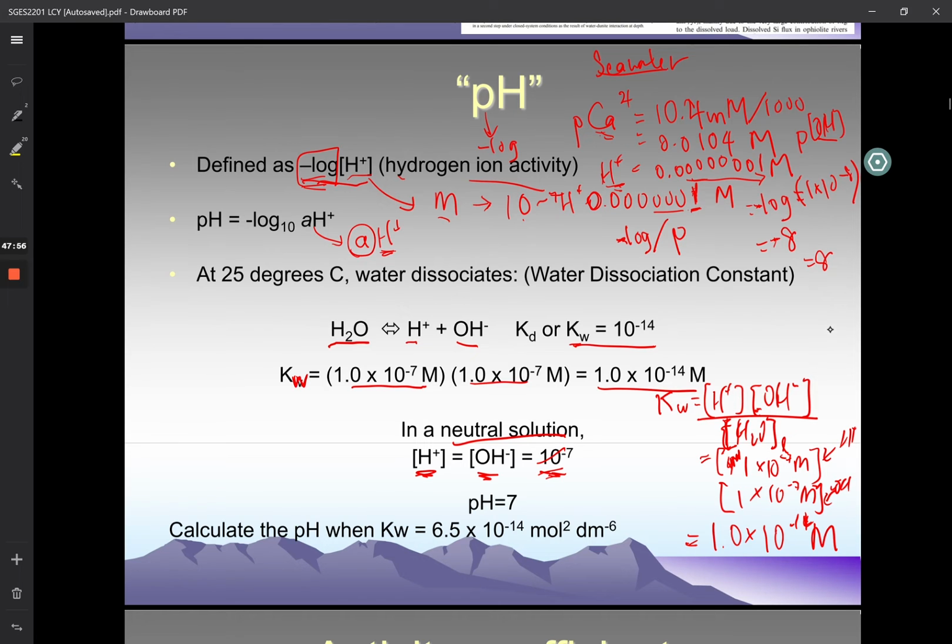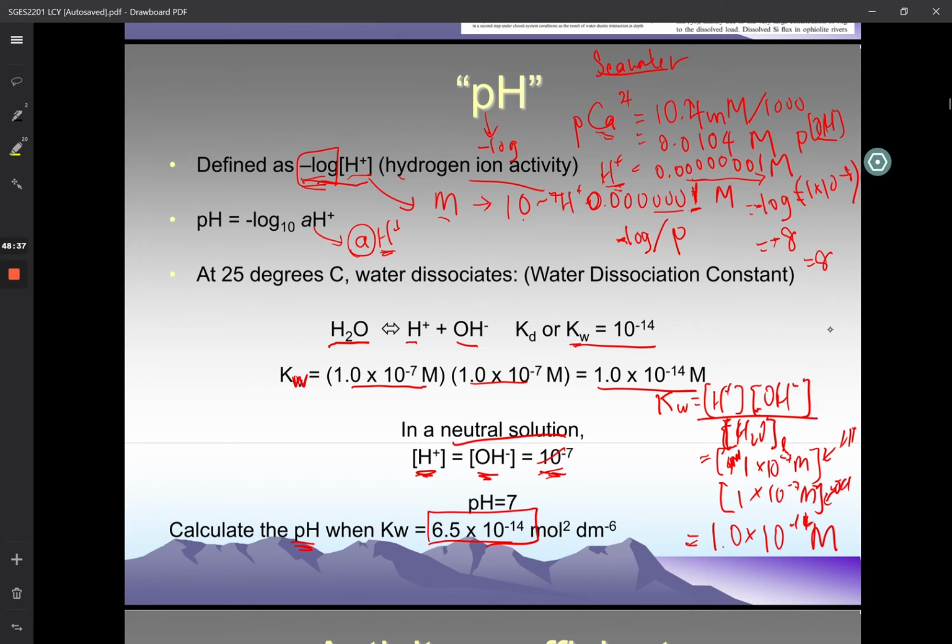Okay, so calculate the pH when Kw equals 6.5 times 10 to the power of negative 14 mol squared. How do you calculate this? This is given, so you back calculate.